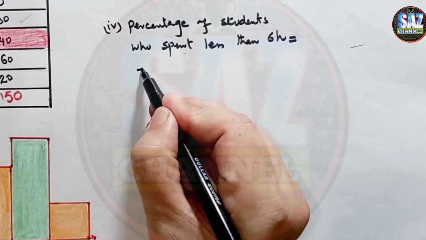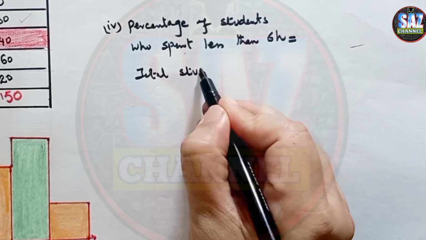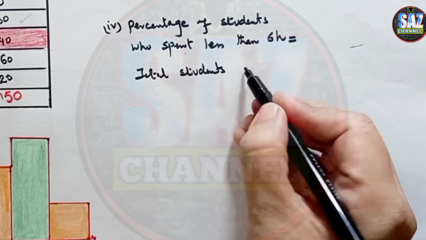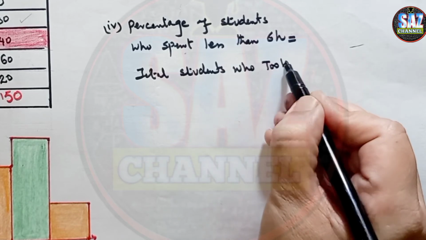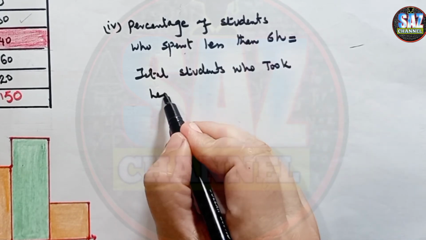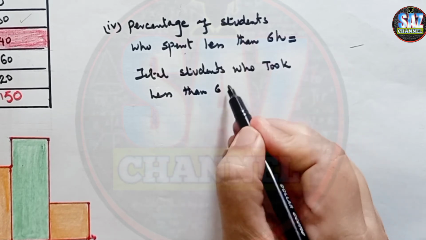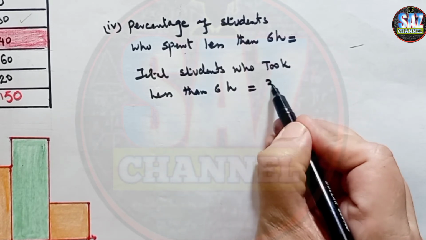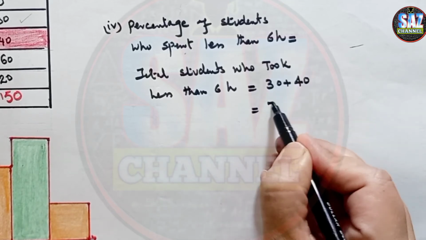So total students who took less than 6 hours is 30 plus 40, which is equal to 70.